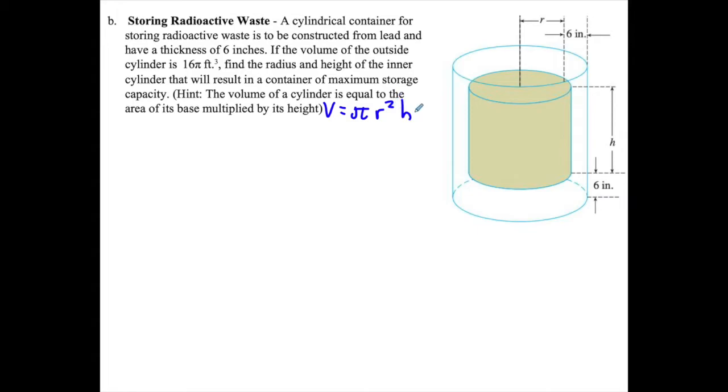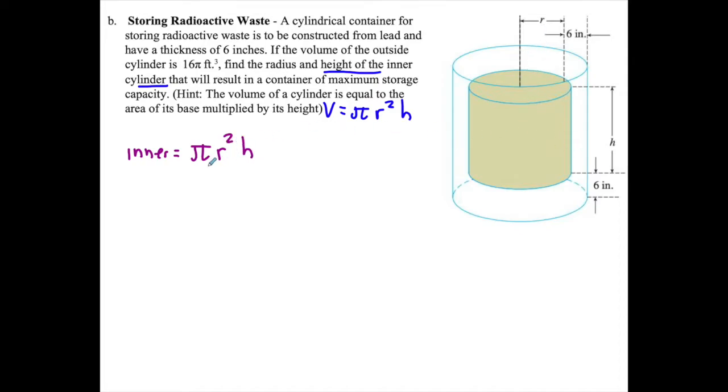Okay, so basically this is a tough optimization problem, right? But we're trying to optimize the inner cylinder. So let's start with the inner cylinder. The inner cylinder is equal to pi r squared times height.